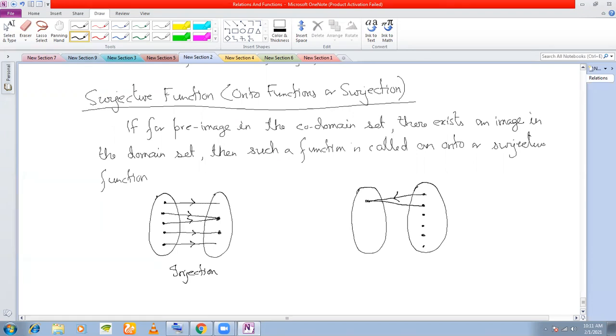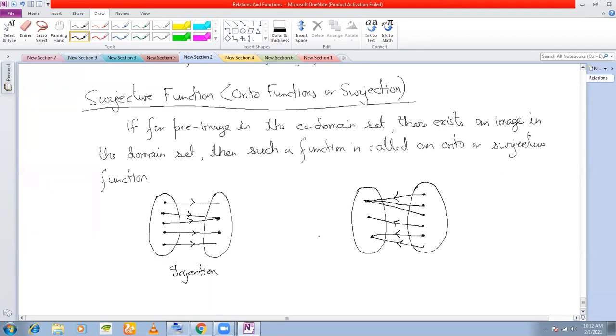That means each element has an image. Not distinct, but each element has an image. Understood? Each element in the codomain set has an image.